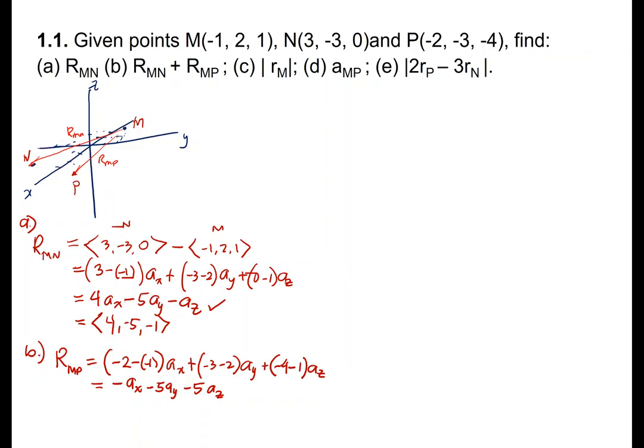So RMN plus RMP. How do you add two vectors?